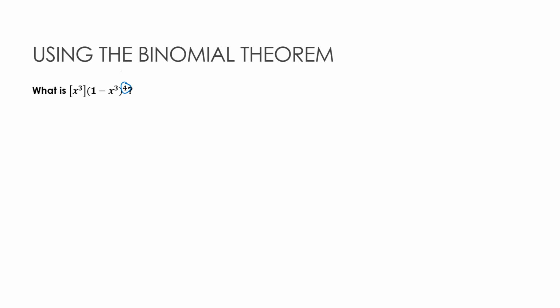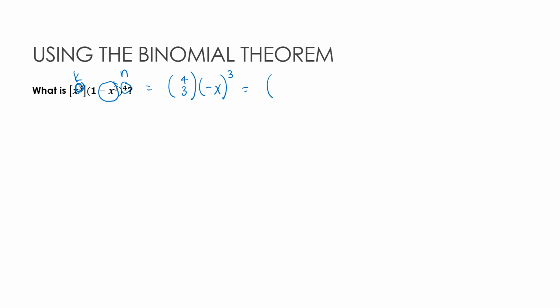Notice here, this is n, this is k. So what I'm really looking for is 4 choose 3. And because I've got a negative x to the third, or a negative x to the k power, this is really what I'm looking for.